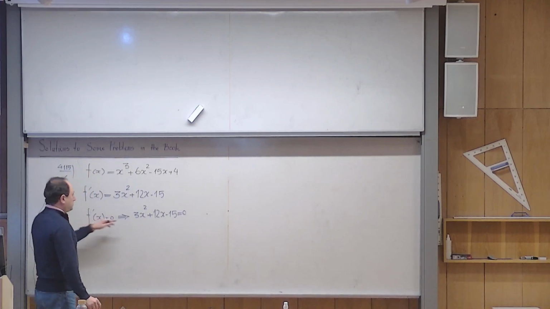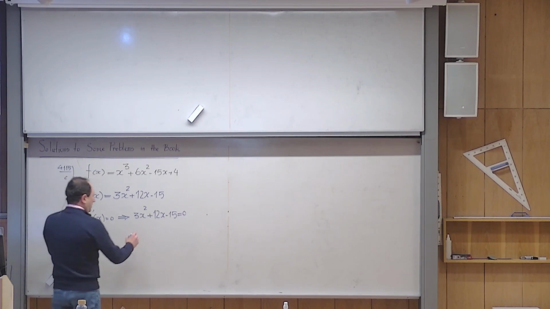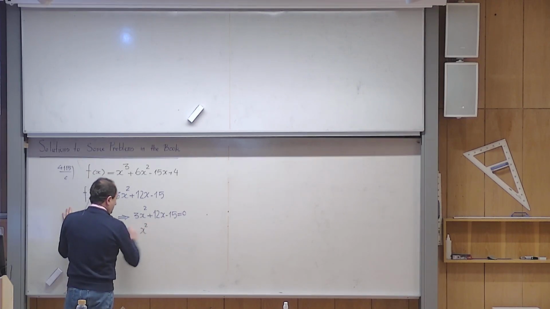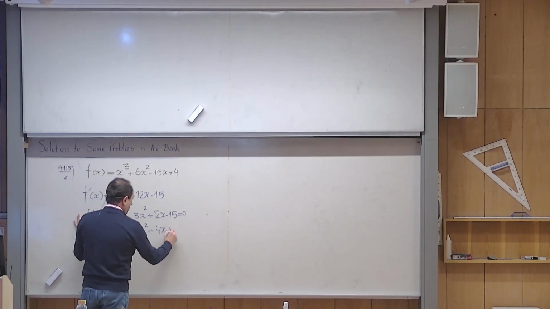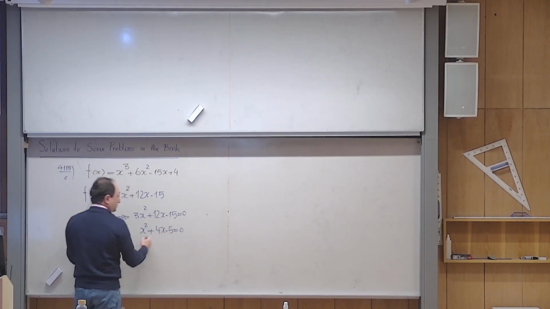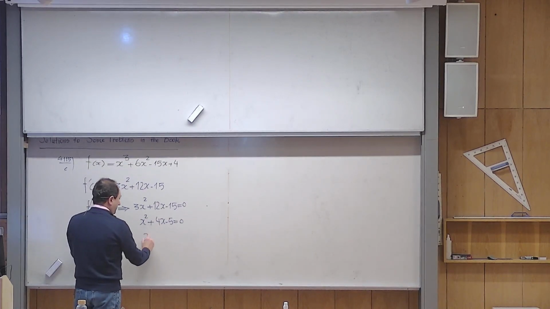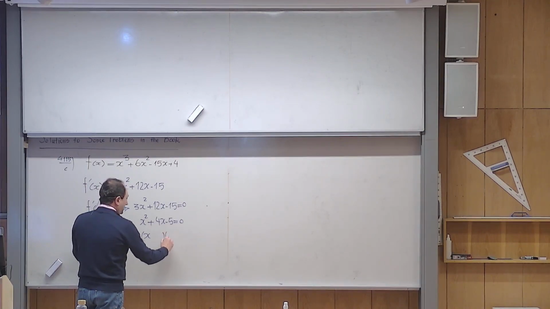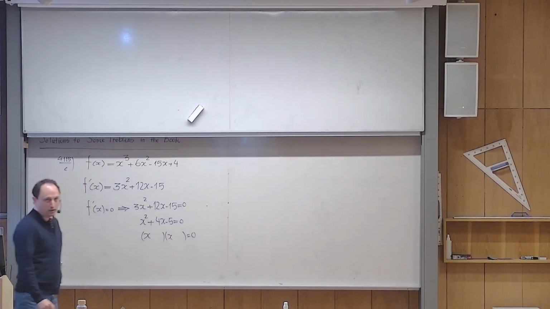And of course, I don't bother to solve this problem like this because I can divide everything by 3, making life simpler for myself. So this becomes x squared plus 4x minus 5 equals 0. And I don't even bother to solve it using the PQ or ABC formula because in this case, factorization is very simple. Of course, that is up to you. If the factorization is hard for you, you can use the PQ or ABC formula.